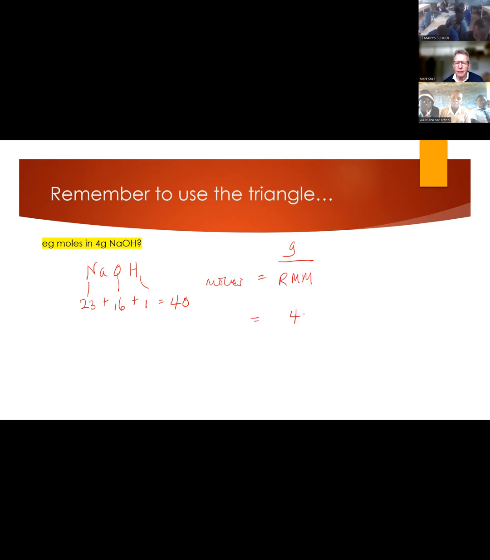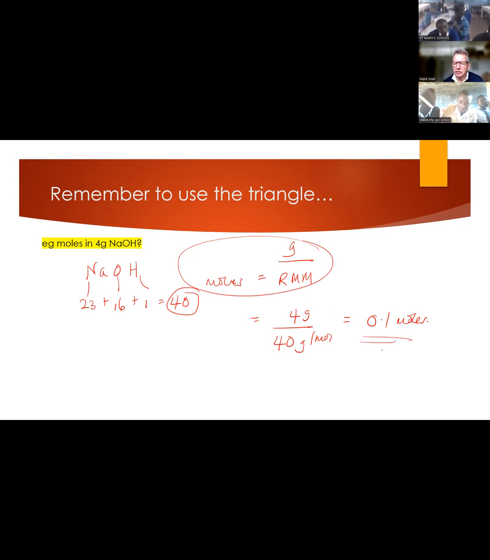That would equal 4 over 40, that's grams per mole, and that equals 0.1 moles. So that's how I do it. I have to work out the RMM or MR first, and then use this bit of the triangle, and that gives me my answer, and I would be happy.